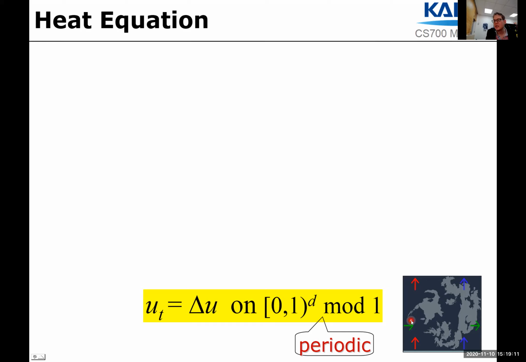So this is actually a common topology, popular in computer games. If you're a computer gamer, you may have seen this in many computer games, such as Asteroids, for example. But mathematically, this amounts to a torus.